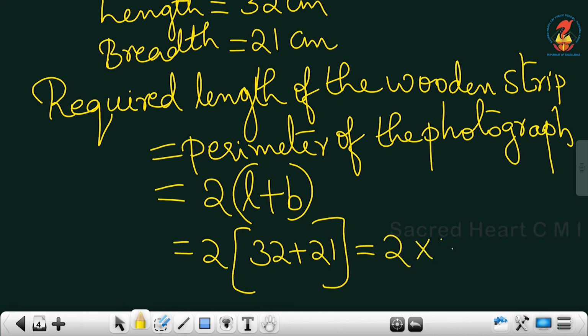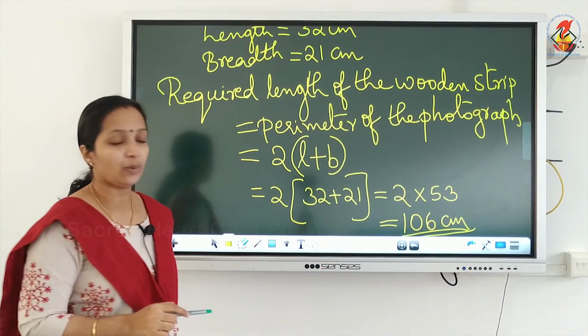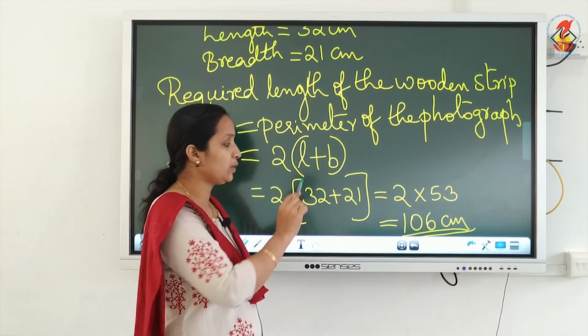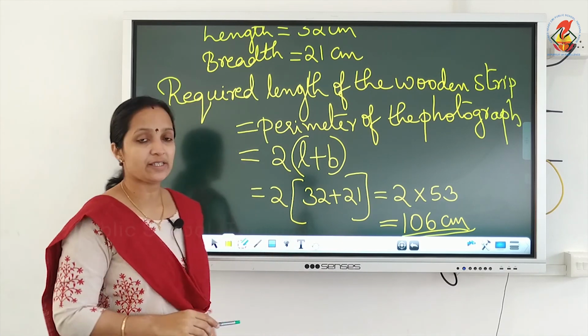So, 2 into 53. What is the answer? 106 centimeter. So, the length of the wooden strip required to frame that photograph is 106 centimeter. I hope all these 3 questions are clear.